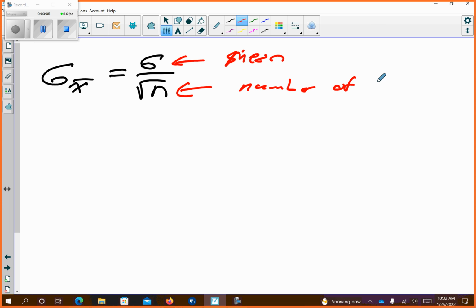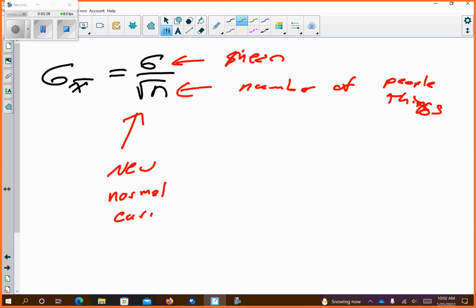They call it number of people, things. So that would change from time to time. So we would use this if they asked us to make a new normal curve. Remember, the mean stays the same.